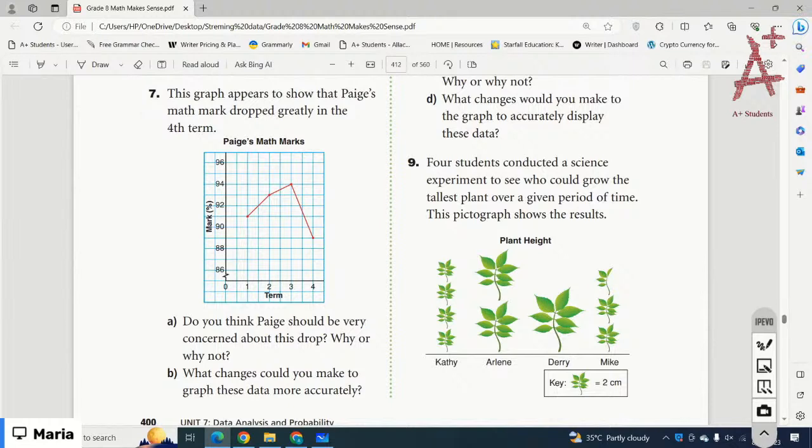Because it is just from 86 to 89. Okay, the values start from 91, go to 94 and drop to 89, right? The drop is from 94 to 89, right? That isn't significant, right? Because the marks are just dropping from 94 to 89.